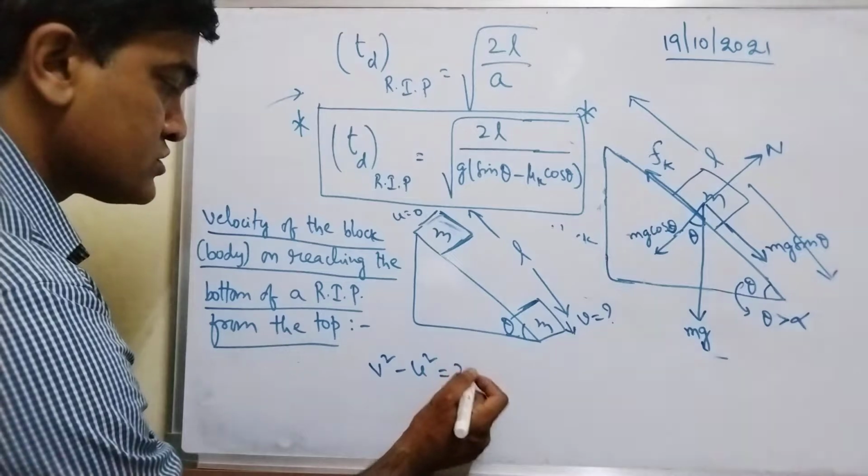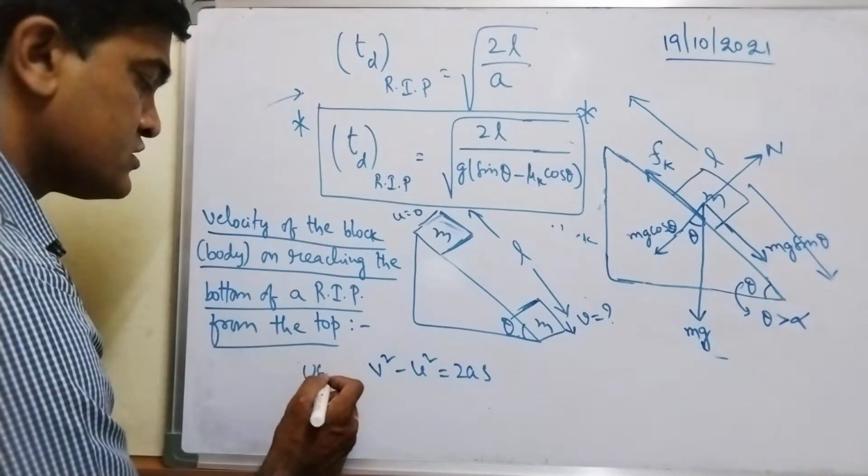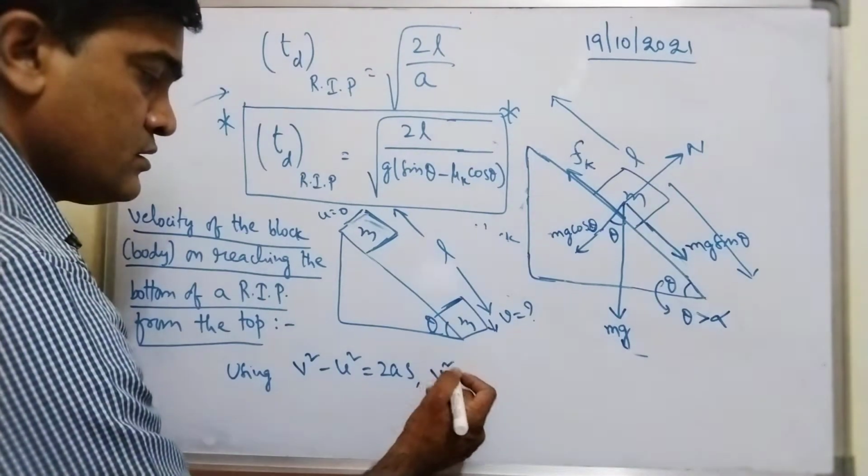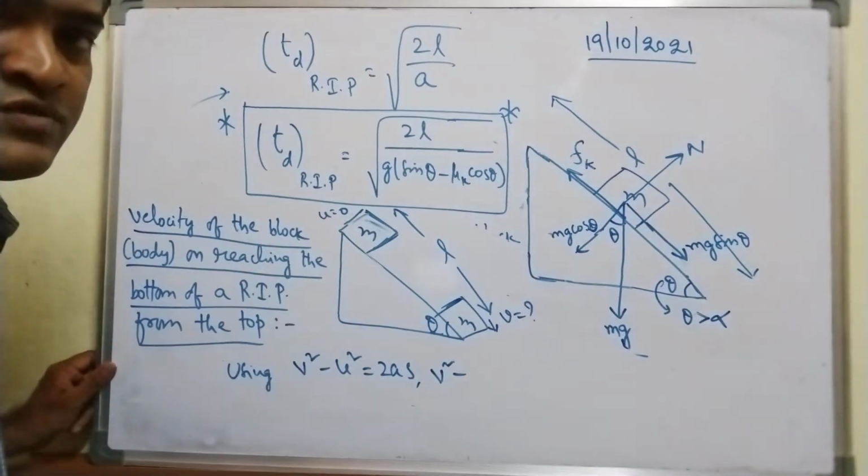v square minus u square is equal to 2as. u, the initial velocity of the block, is 0.